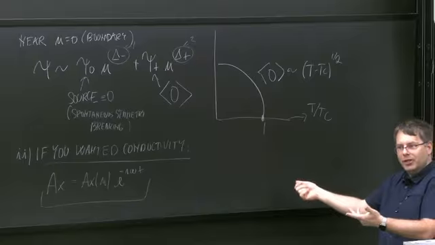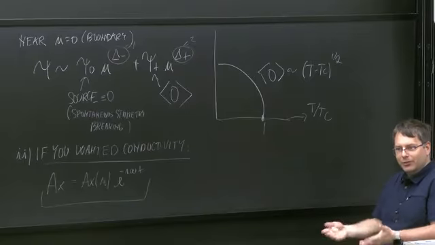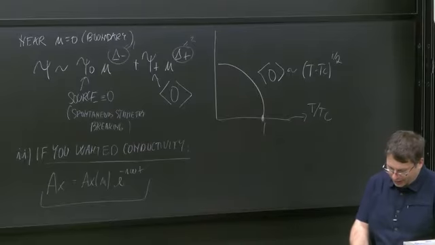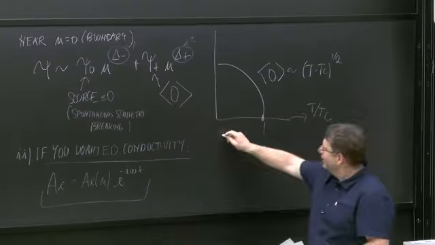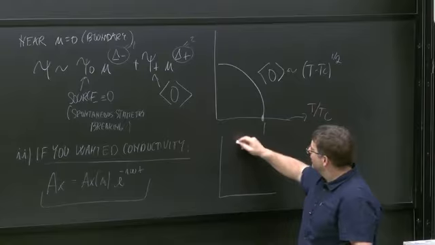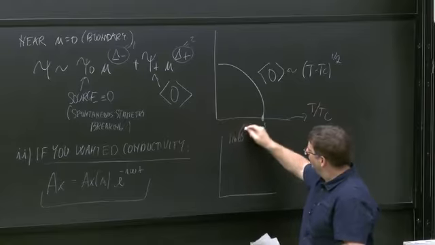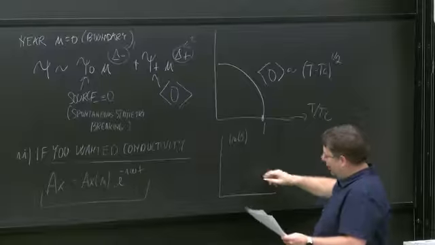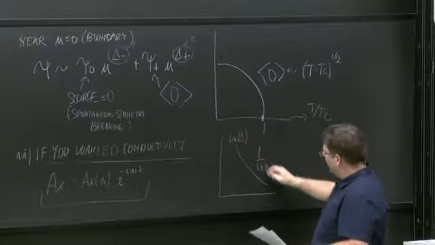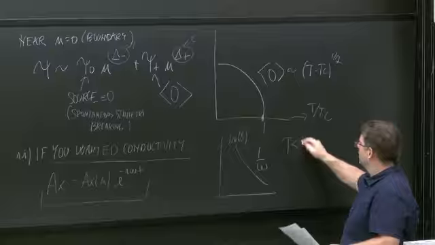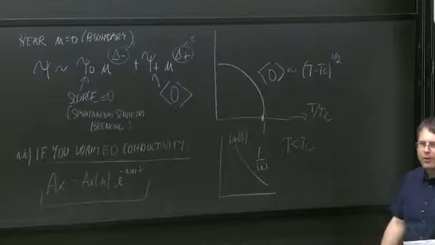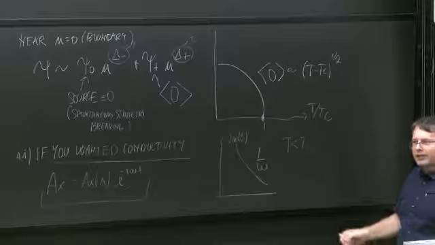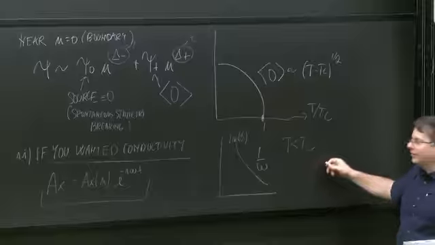It's sigma times E, and from there you can read what the sigma is. Okay, and then indeed you find that in this case the imaginary part of sigma goes like 1 over omega if T is smaller than Tc. And so you find indeed infinite DC conductivity here.